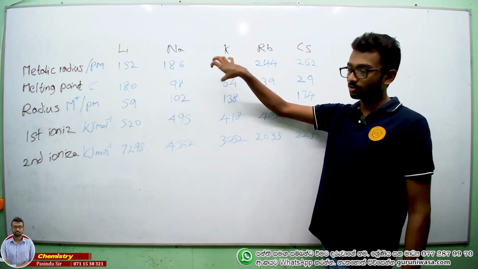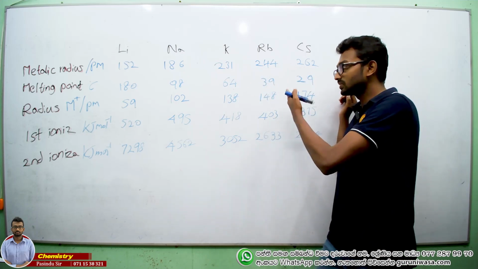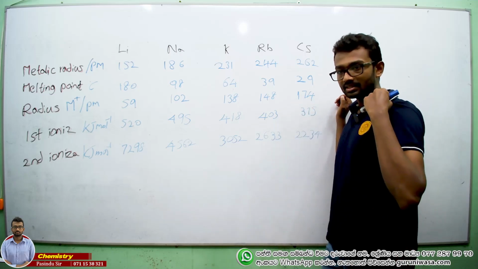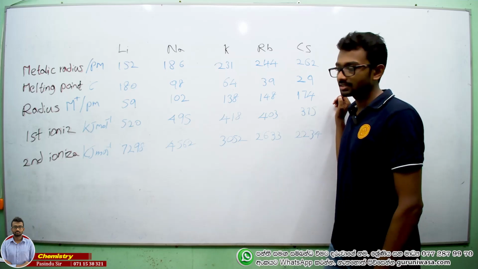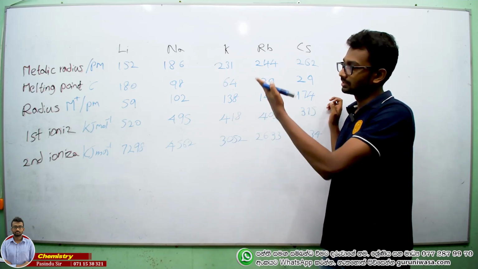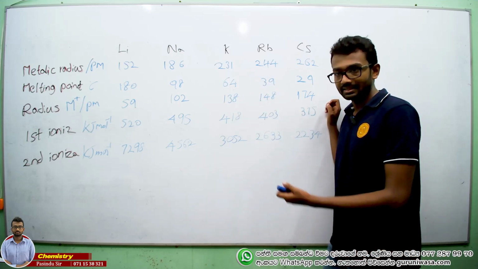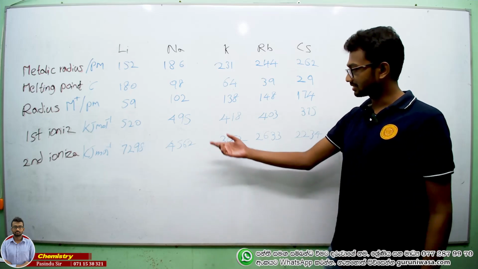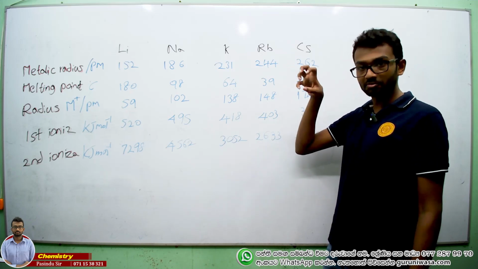Overall melting point is lower, and it reduces due to the ionic radius. When the metallic ion becomes bigger and bigger, they have lower melting point. Then ionic radius: the same thing happens to the plus ion. That one is metallic radius, this one is ionic radius. First ionization energy is very low, and it reduces as the electrons go away from the nucleus.